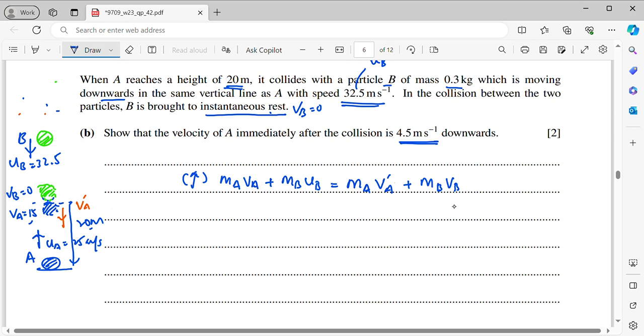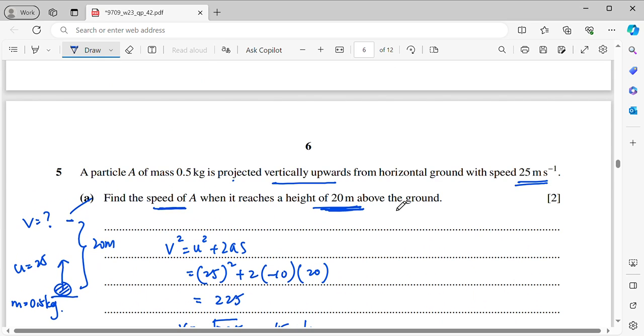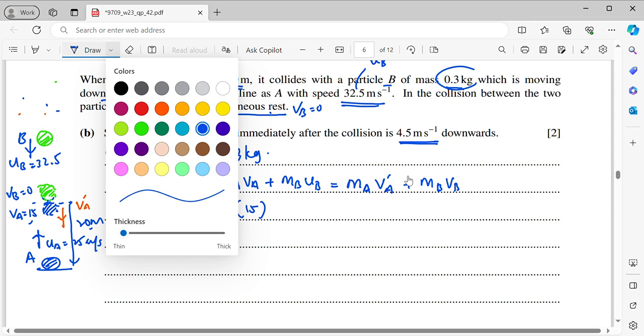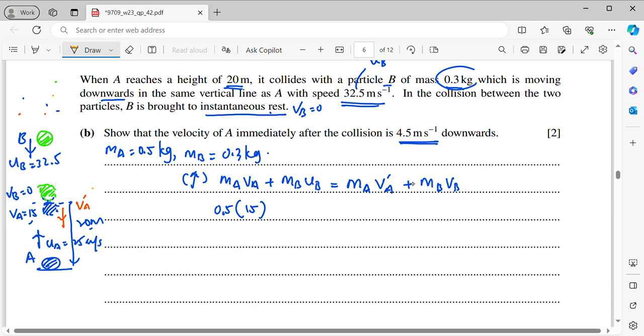Alright, so now just replace all the values. Your MA is 0.5 kg. MB is 0.3 kg. So here it will be 0.5. The VA here is 15, because we need to consider this situation here.